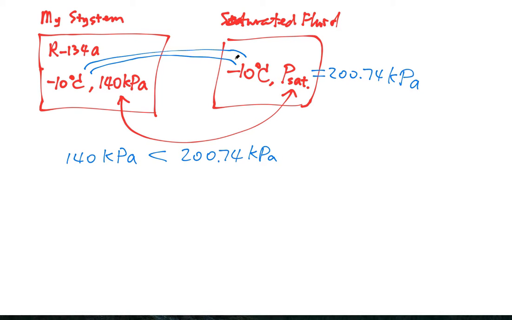If you remember what I said in the classroom, if you have a saturated fluid system and you compress it, you increase its pressure, you will get compressed liquid. So if my system's pressure was higher than the saturation pressure, then my system would be a compressed liquid.